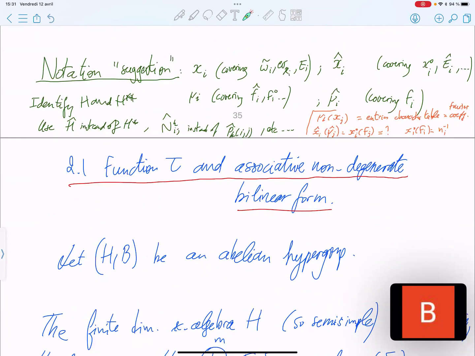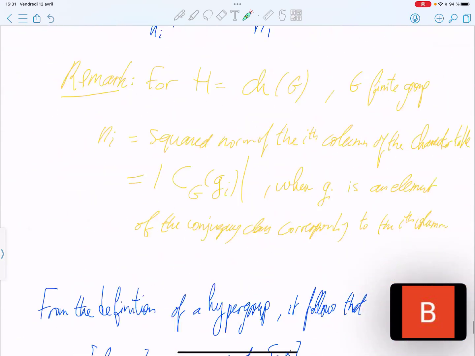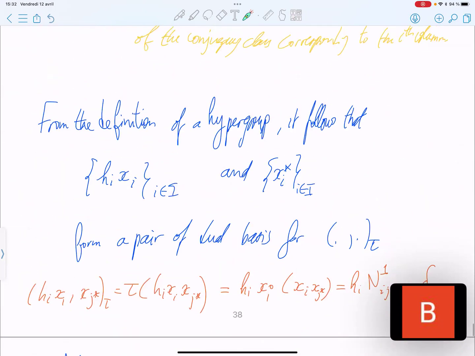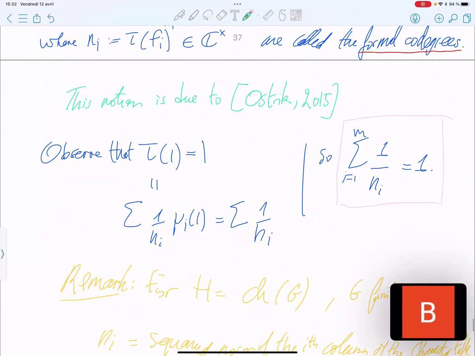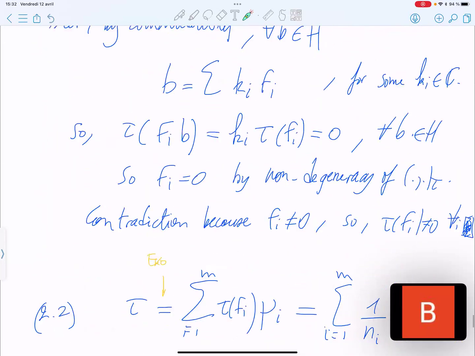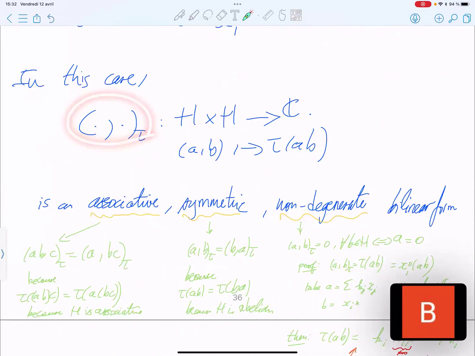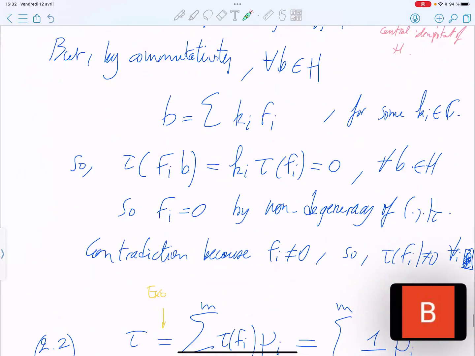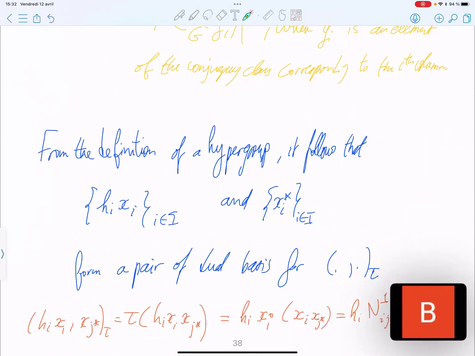Okay. So let's come back to the magic trick. We have tau, which is an associative symmetric non-degenerate bilinear form. And we get two pairs of dual bases for this bilinear form.